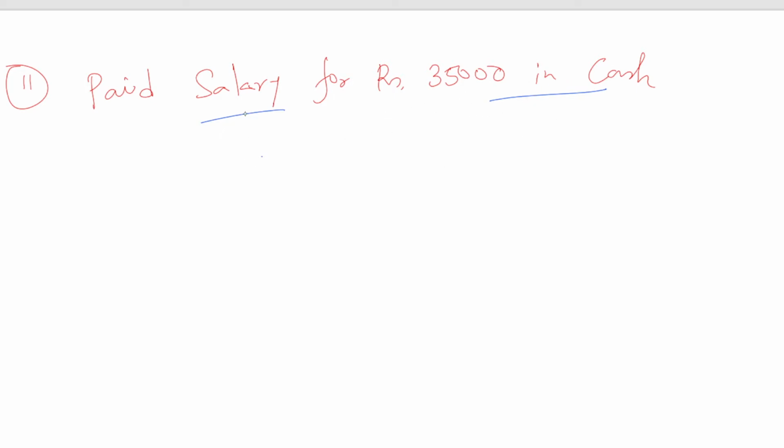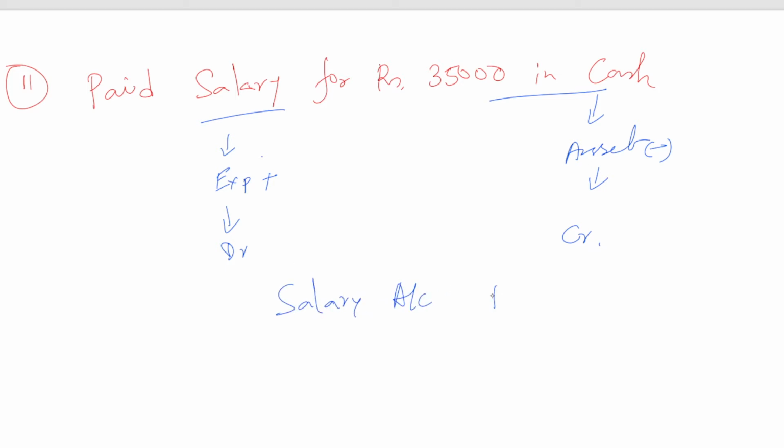Salary is our expense and cash is our asset. When we pay salary, expense is increasing, so it is debit, and whenever we pay cash, this asset is decreasing, so it will be credit. Simple. Salary account debit to cash.